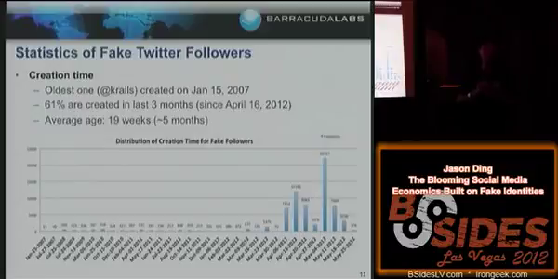So they're pretty new. That also gives us a hint about how fast Twitter can detect them. On average, maybe 5 months, and then Twitter stops them and suspends the account. But some of them can live much longer, like this 2007 one.